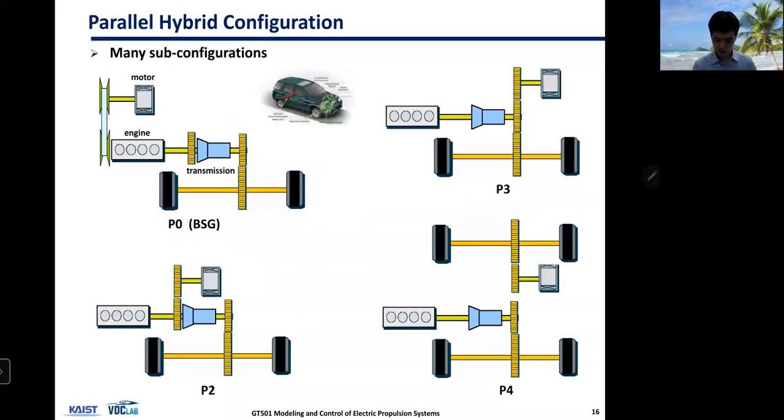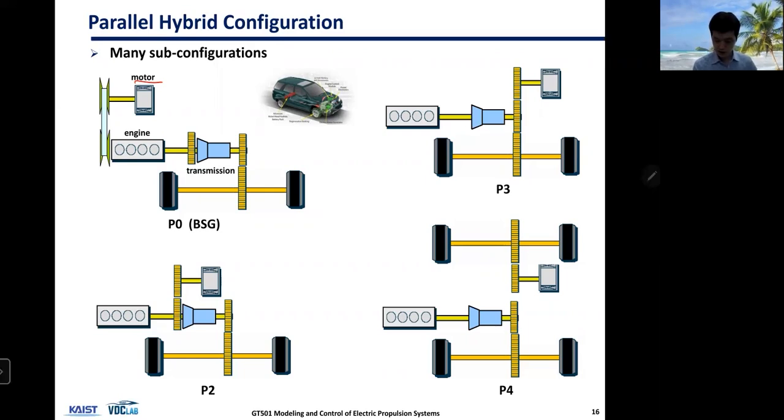So these are some examples illustrated. P0 has the motor connected to the engine through the belt. P2 has a motor that's located between the engine and the transmission.